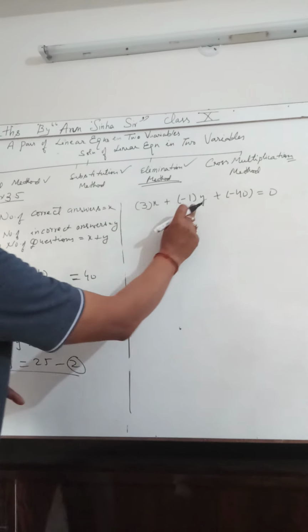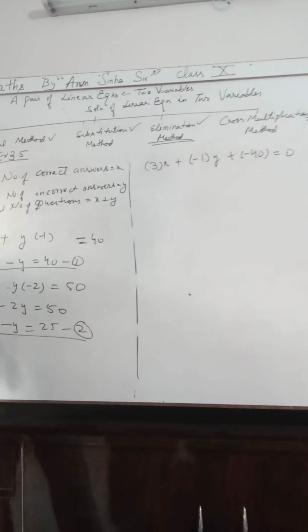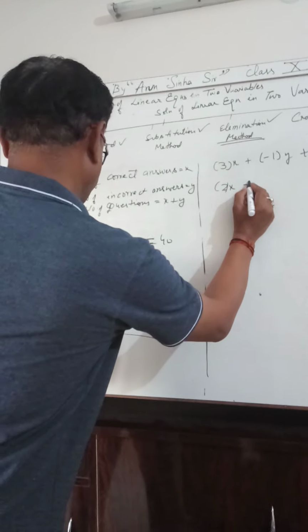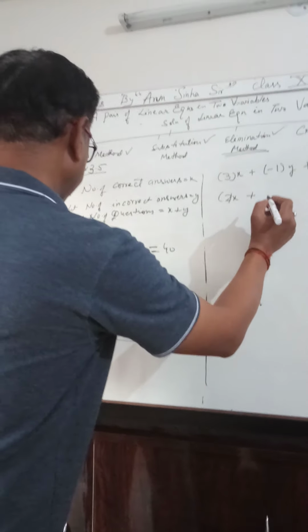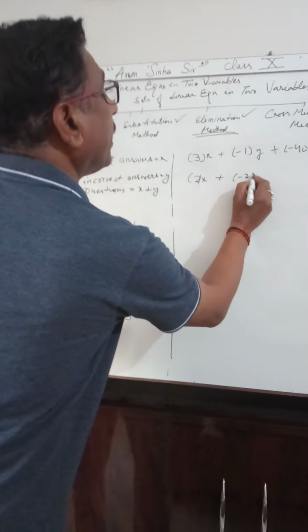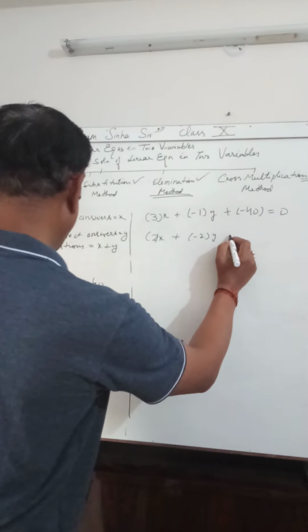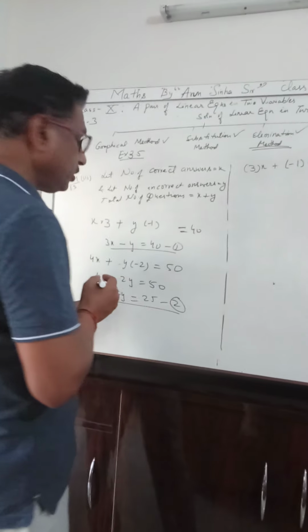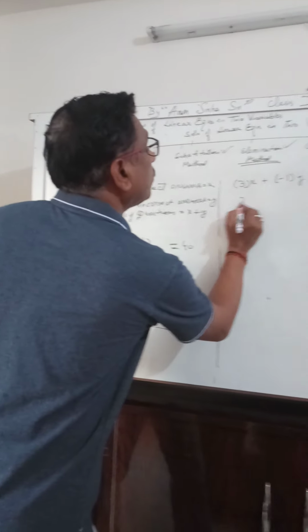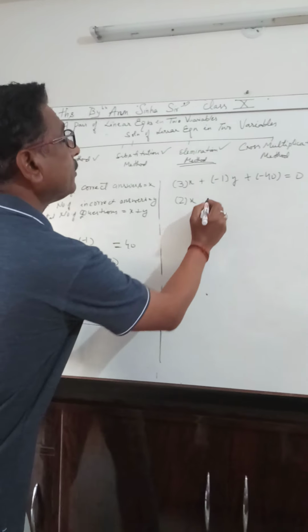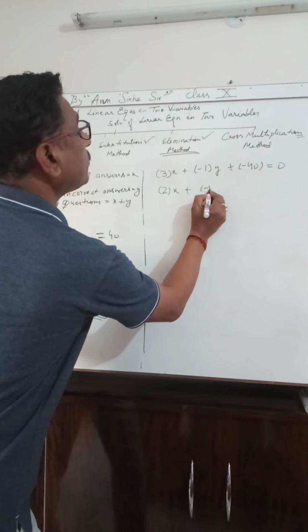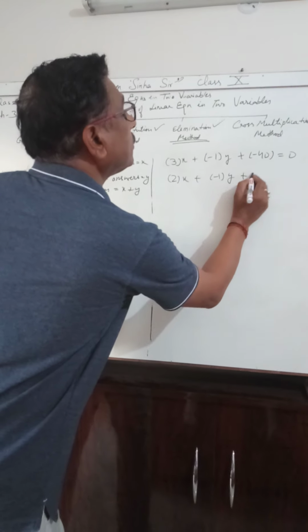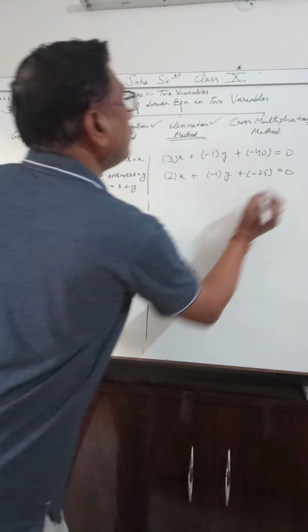This is a1, b1, c1, and you can see in the second equation 2x, that is 2 is the a2, and minus 1y, and plus minus 25 equal to 0.